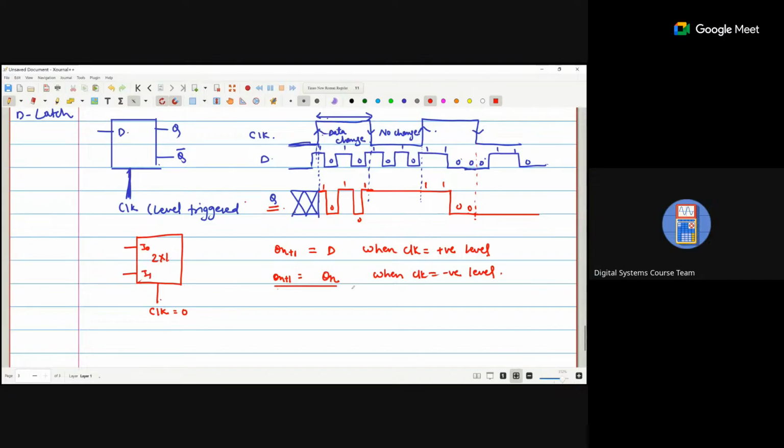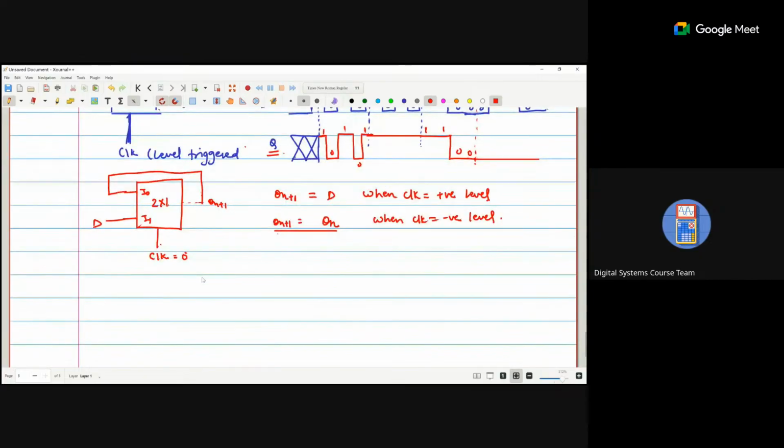So at I1 we apply D. When the clock is 1, we get at the output Qn plus 1 equal to D. And when the clock is 0, the output is just the previous one. If we apply the feedback path in this way, the output will be the same when the clock is 0. Clear? So we can implement with the help of this.